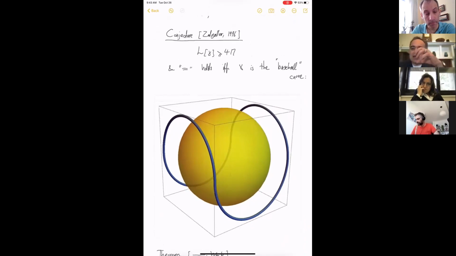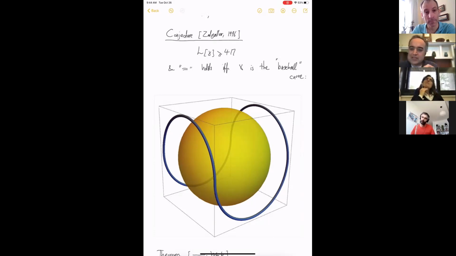The sphere is in the convex hull of the curve if and only if the curve can completely inspect the surface area of the sphere. So what does it mean to inspect? It means that for every point on the sphere, there exists a point of the curve so that the line segment joining your curve to that point of the sphere doesn't go through the sphere.